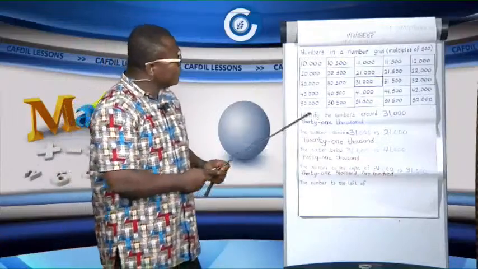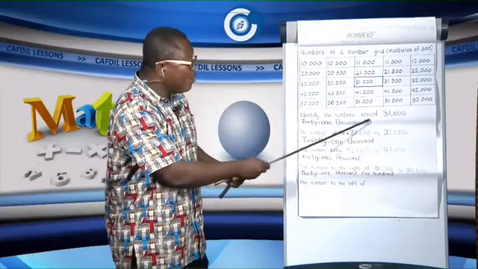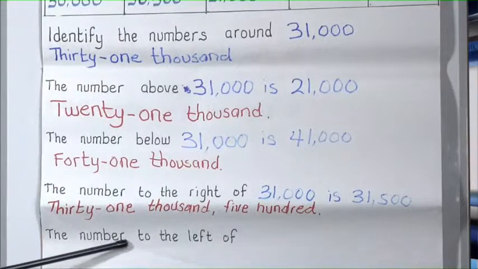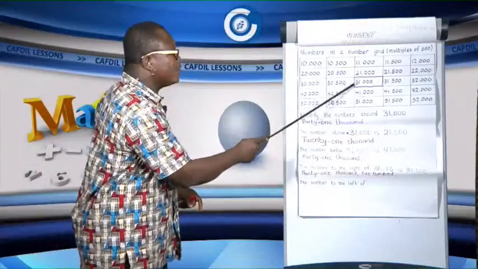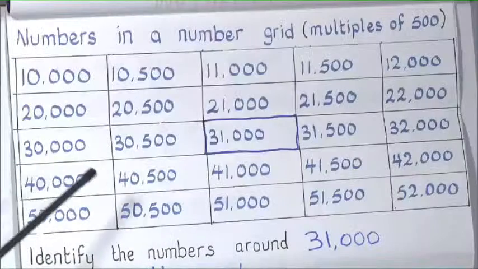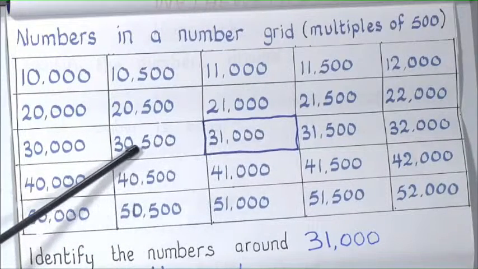Then let's come to, we want to identify the numbers around 31,000. Now, the number to the left of 31,000. So this is 31,000. And what is the number to the left of 31,000?